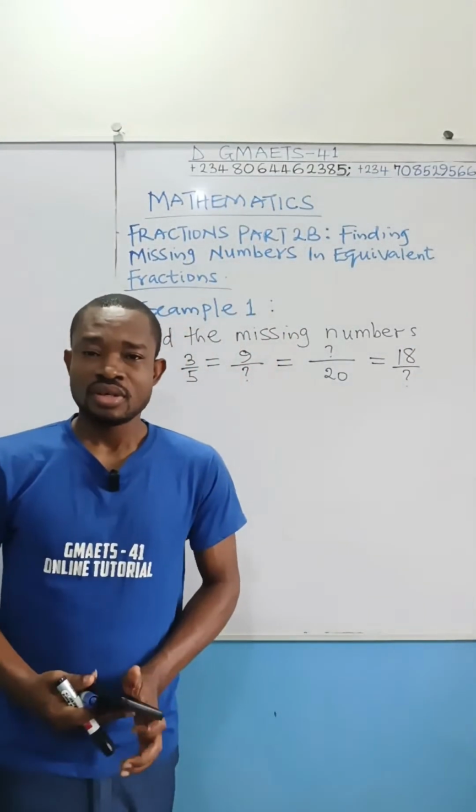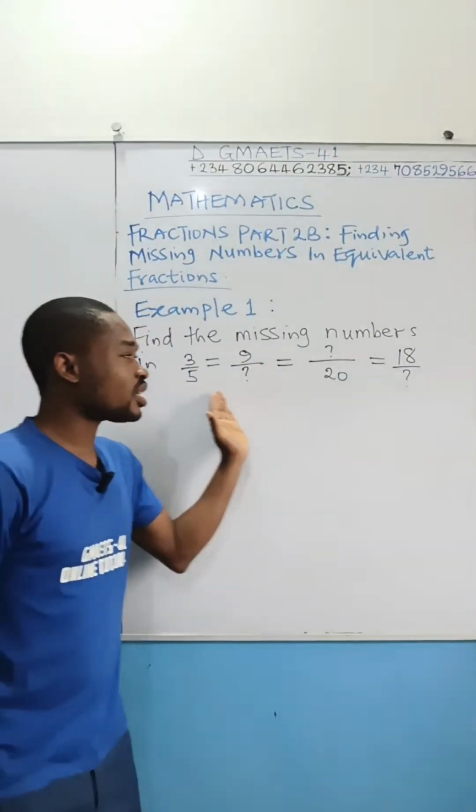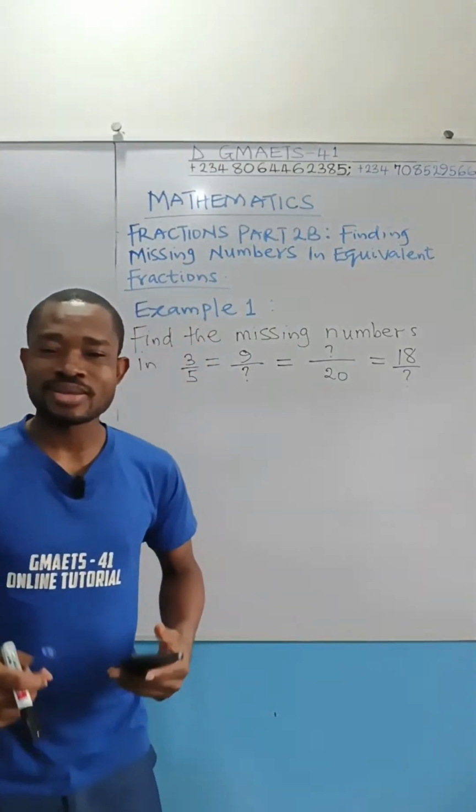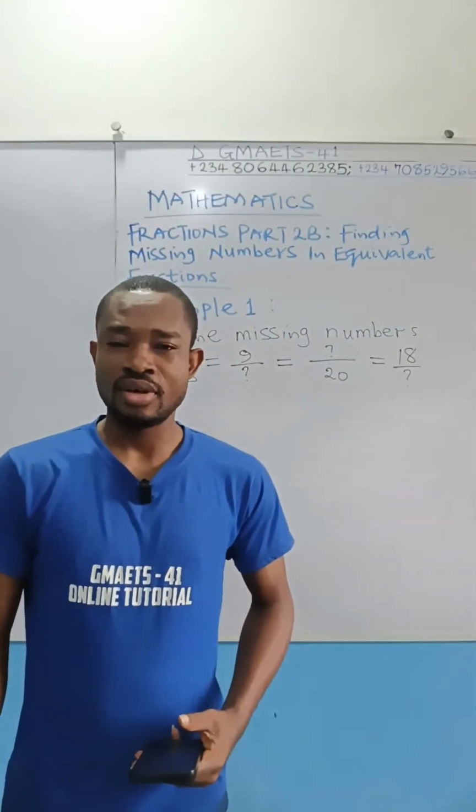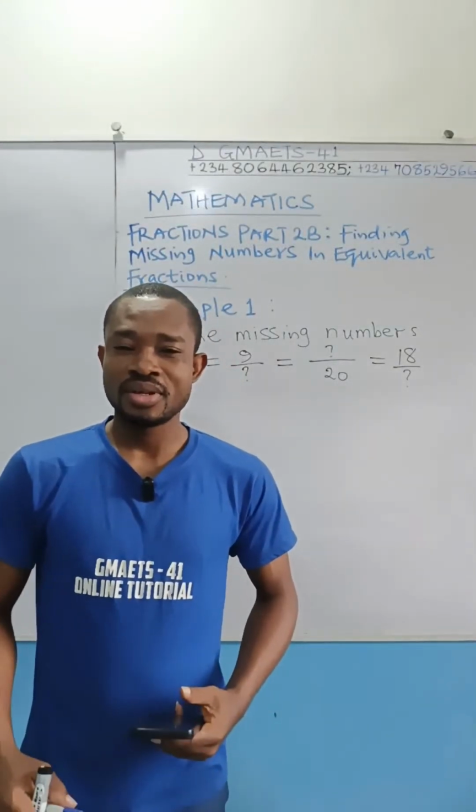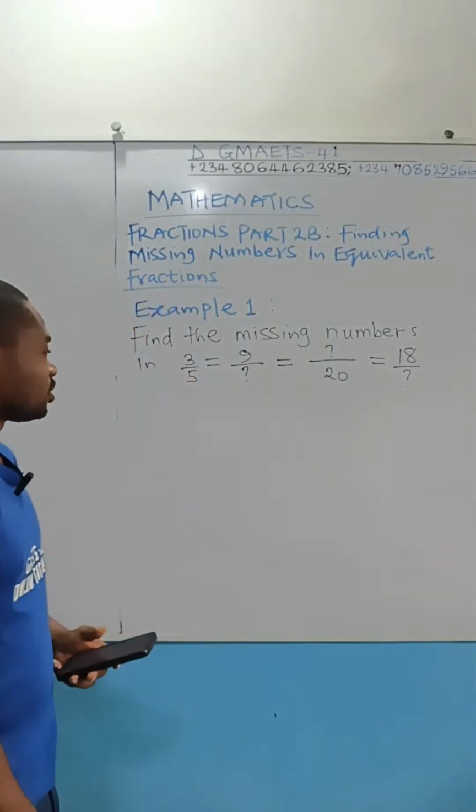So this is the question here. We have these equivalent fractions. There are some numbers that are missing there. How do we find the numbers? That is what we are meant to do here.